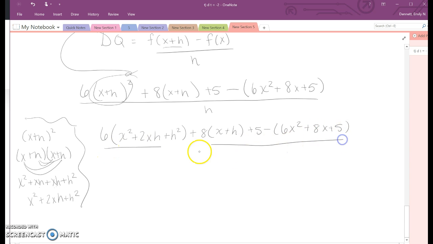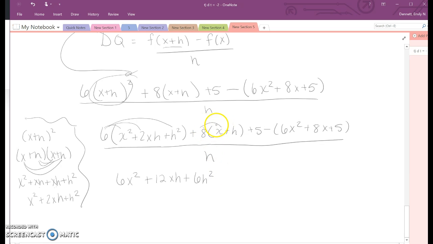Okay, now we need to distribute something. So the 6 is going to distribute to everything in this first set of parentheses. So we'll have 6x squared plus, and then 6 times 2xh will be 12xh plus 6 times the h squared.